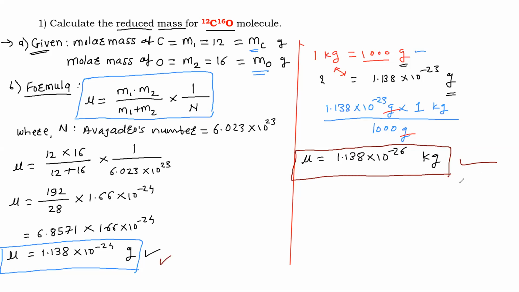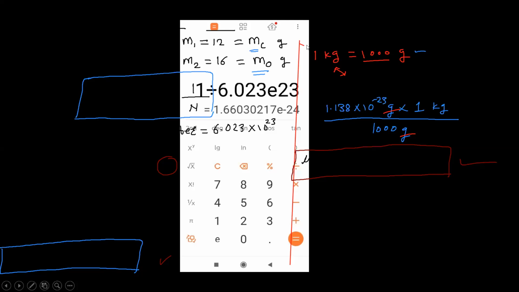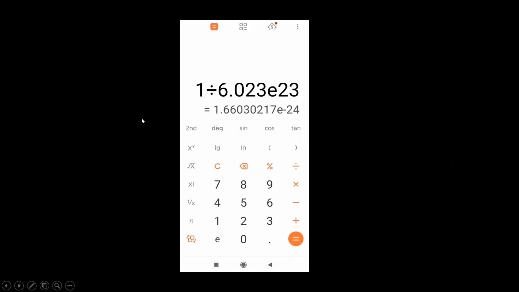If you don't have any scientific calculator, then with the help of your Android mobile you can also solve this type of calculation. That means the exponential terms, how to take the exponential terms in your mobile. I will just show you within a minute. So this is an image. When you open the calculator in your mobile, this type of screen is shown.